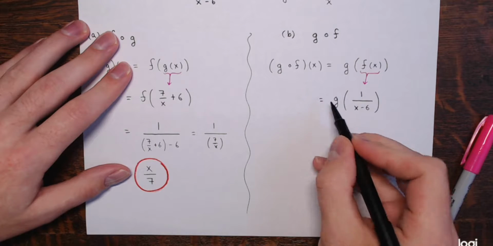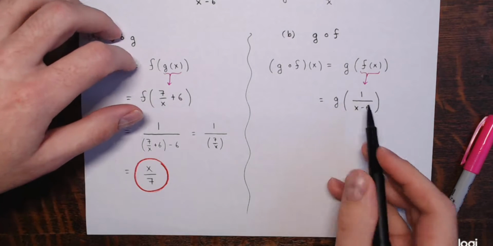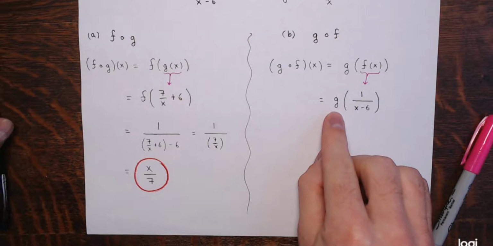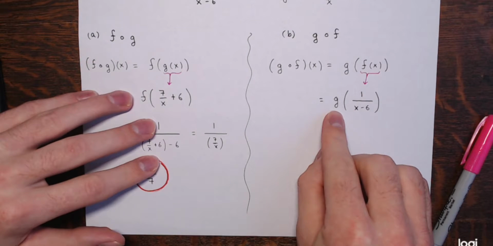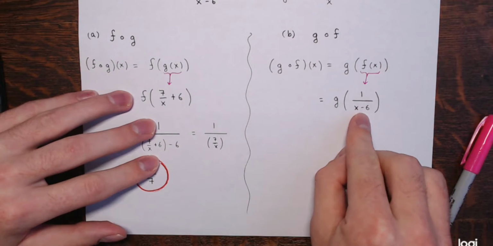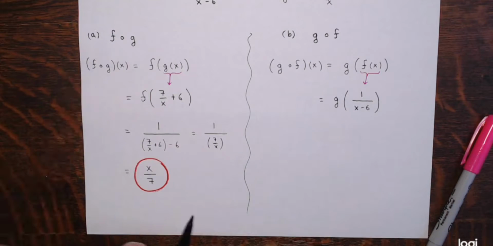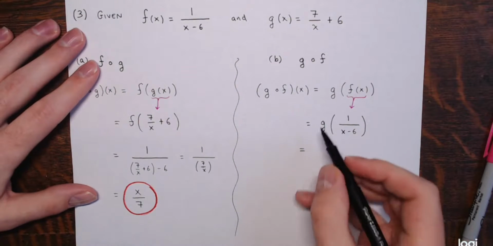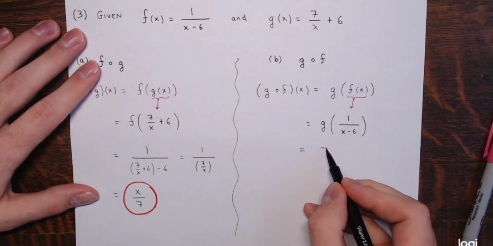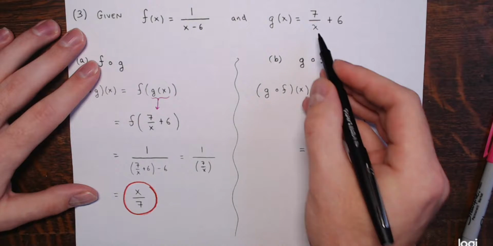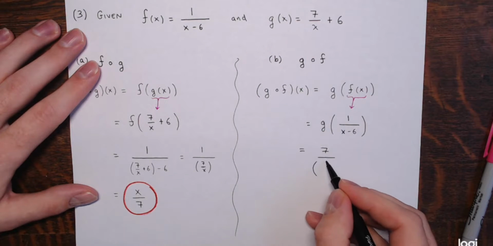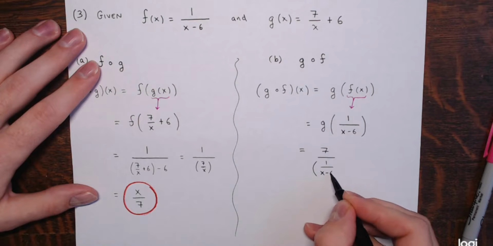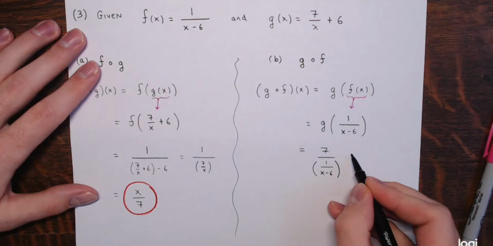Right, so I'm taking g of 1 over x minus 6. So just go to the rule for g and replace all the inputs with this 1 over x minus 6. So that's 7 divided by, and then instead of x, this 1 over x minus 6. And then you have plus 6.